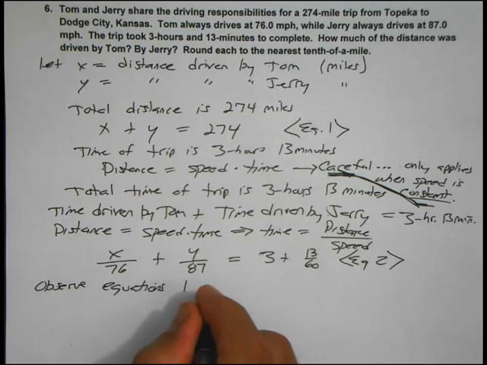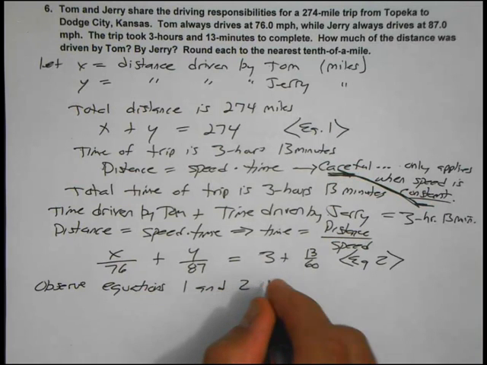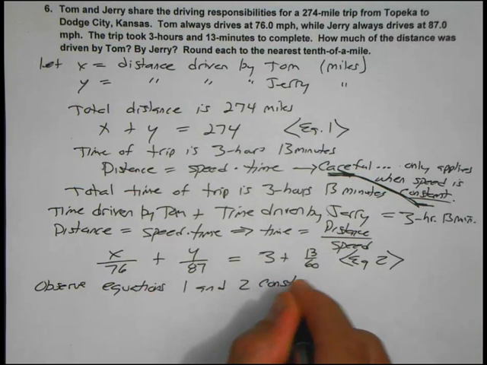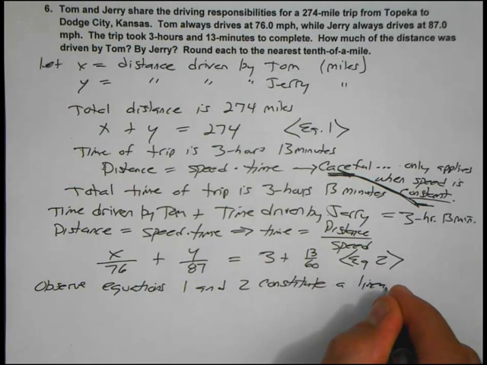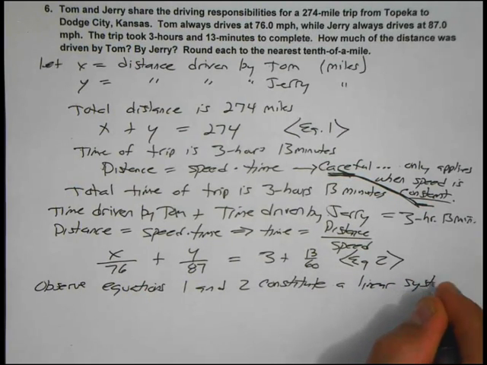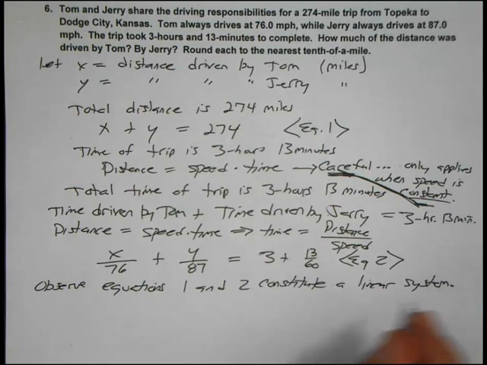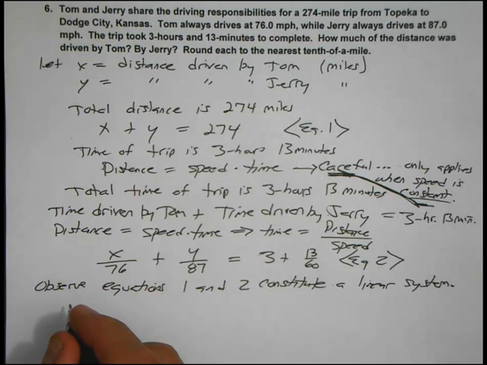Equations 1 and 2 constitute a linear system. So that's the kind of math problem we're into, and we're very proficient at solving these kind of math problems. The numbers seem a little messy, so let's go with a calculator solution.